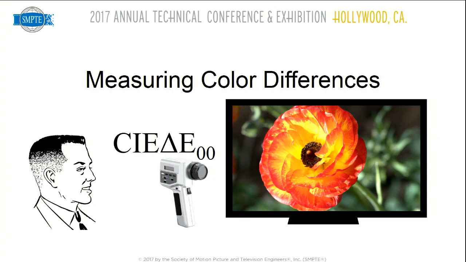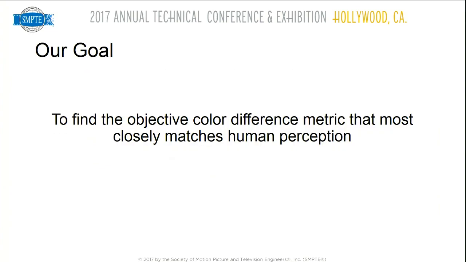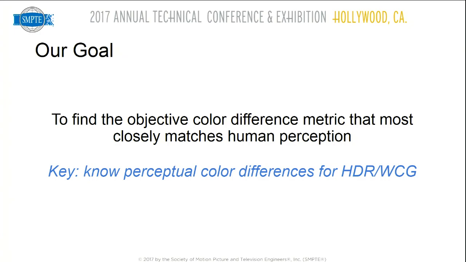Unfortunately, as we're moving to high dynamic range and wide color gamut imagery, a lot of those metrics no longer correlate with human perception. So as we move forward in this presentation, our goal is to find that objective color difference metric, such as ΔICTCP 2000, that most closely matches human perception, where the first key is to know how humans see color and find those perceptual color differences for high dynamic range and wide color gamut imagery. And Liz is going to take us through that.